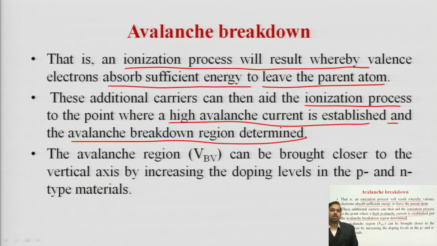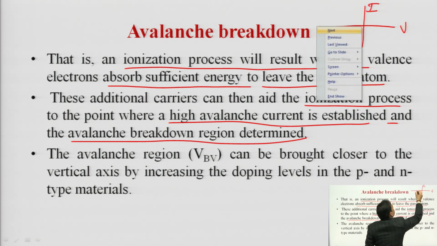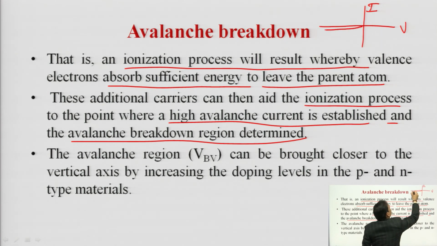Now, this avalanche breakdown region we will see with the help of characteristics, I versus V. We have seen that current is initially constant, something like this, and after that increases. This is VBV, let us say.